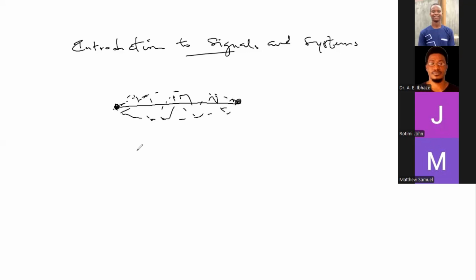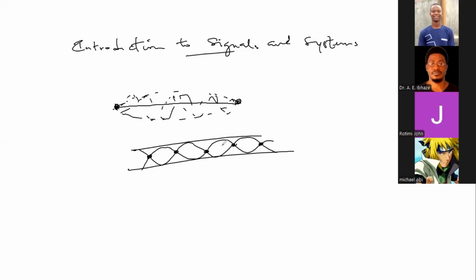Okay, so if, for instance, I have a pool, and a signal transmitting this way, and another signal transmitting this way, what do we say is happening at this point? Somebody mentioned interference. Somebody says superposition.